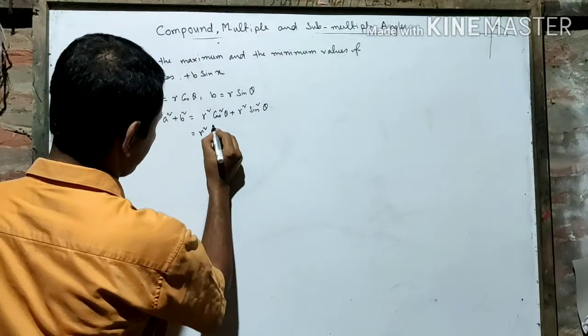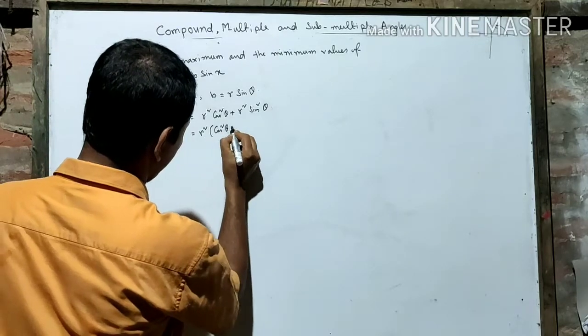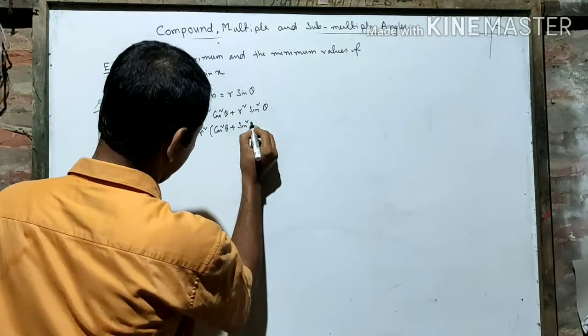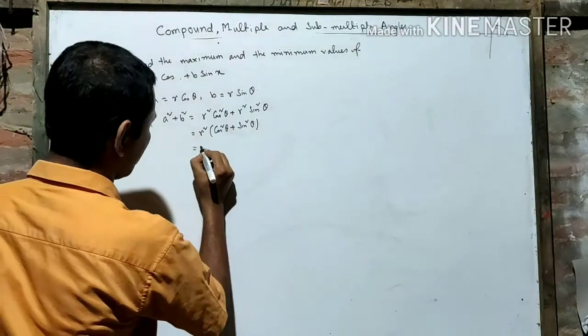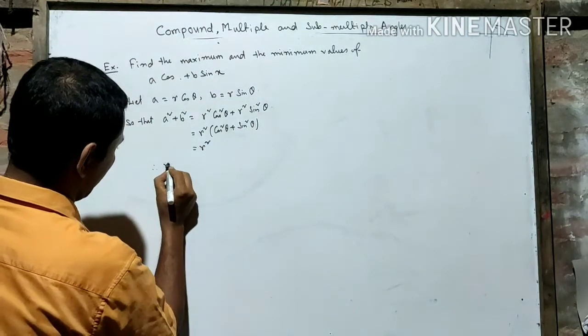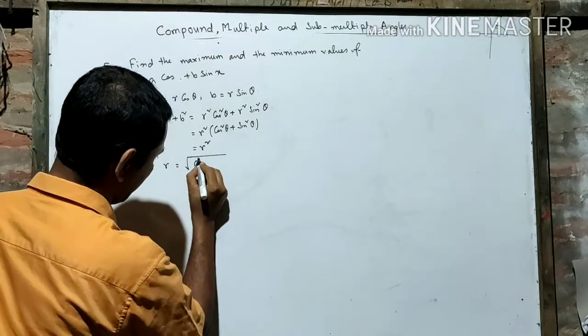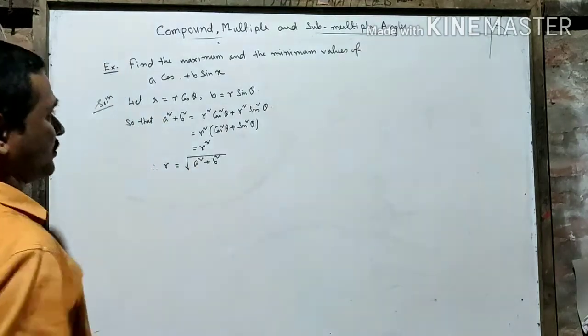This is equal to R square into cos square theta plus sin square theta. We know that cos square theta plus sin square theta is equal to 1, so this is equal to R square. Therefore, R is equal to under root A square plus B square.